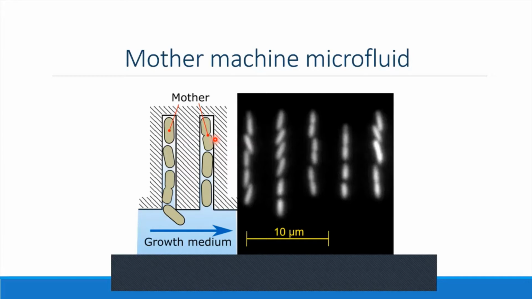These mother cells start to grow and divide, and the offspring start running over the trench, and when they reach the end of the trench, they are flushed away by the growth medium, which is liquid. Here you can see an example of an actual microscopic photo of bacteria growing in these trenches.